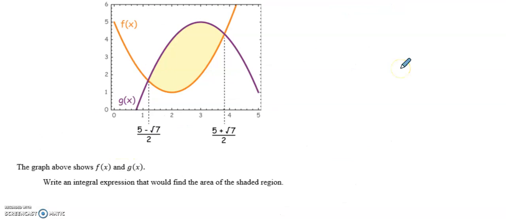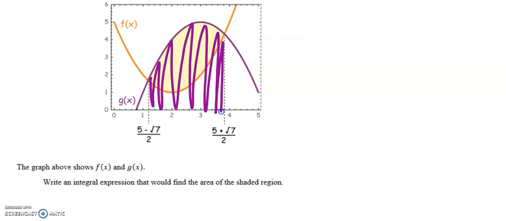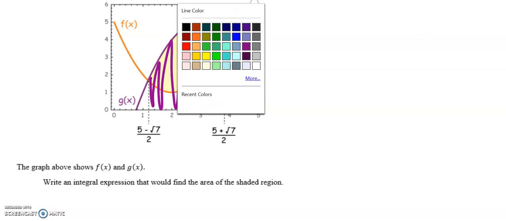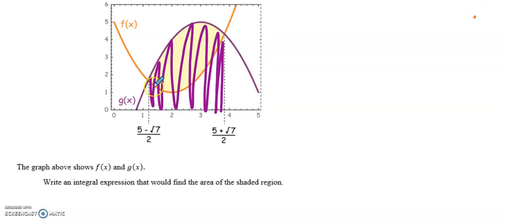All right, the graph above shows f of x and g of x. Write an integral expression that would find the area. So again, thinking about the area, I could find the area all under this purple, right? We know how to find that, minus everything that's under this orange one.